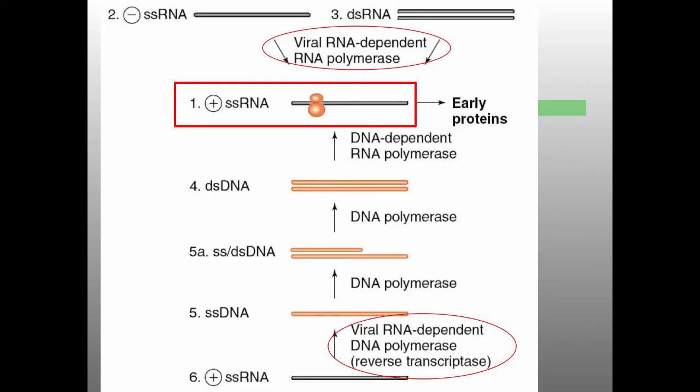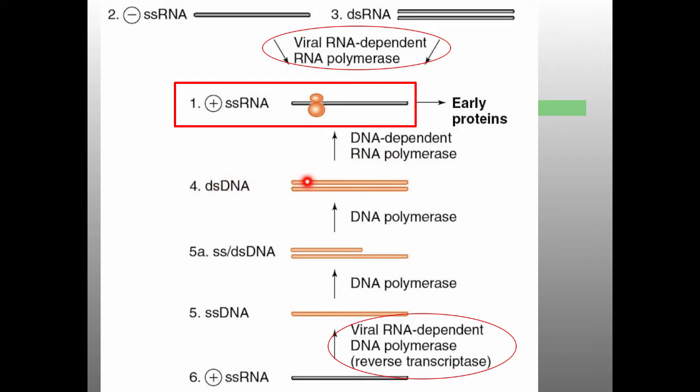So you have 2 major flavors, if we want to call it that. We've got those that have RNA genomes and those that have DNA genomes. Double-stranded DNA is easy because there are lots of cellular DNA-dependent RNA polymerases that make the messenger RNA that gets translated into protein, just like cellular genomes.